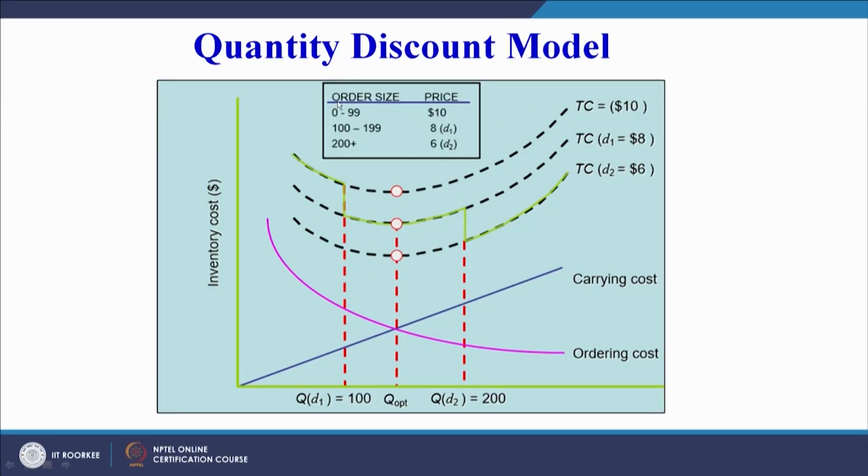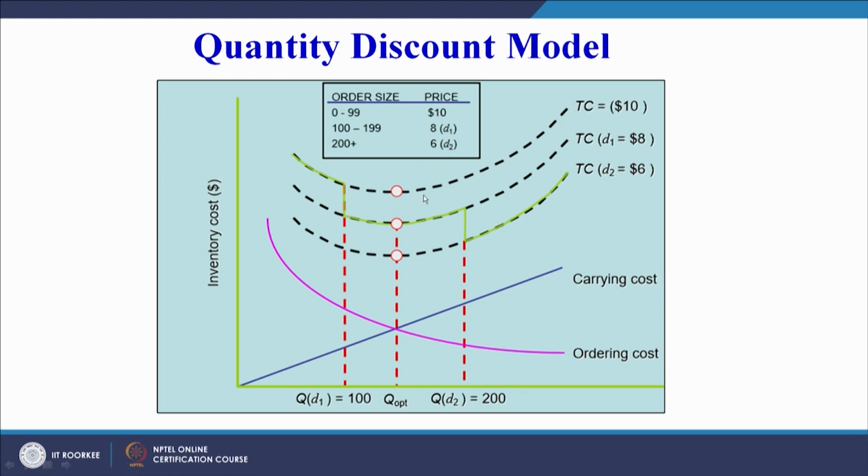You can see the order size, if it is visible to you, or I will read it for you. Order size 0 to 99. So if you order less than 100, you get a price of $10 per part. If you order 100 to 199, you get $8. If you order 200 plus in a single go, you get a price of $6.